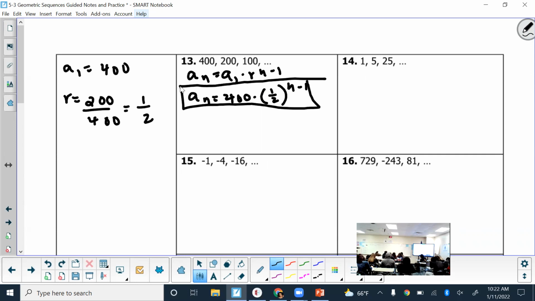And then we need to find a sub 7 for the instructions. So plug in 7. You have a sub 7 equals 400 times 1/2 to the 7 minus 1. And don't struggle with it too much. Just go ahead and put it in your calculator. Practice with whatever calculator you want to use for the test.